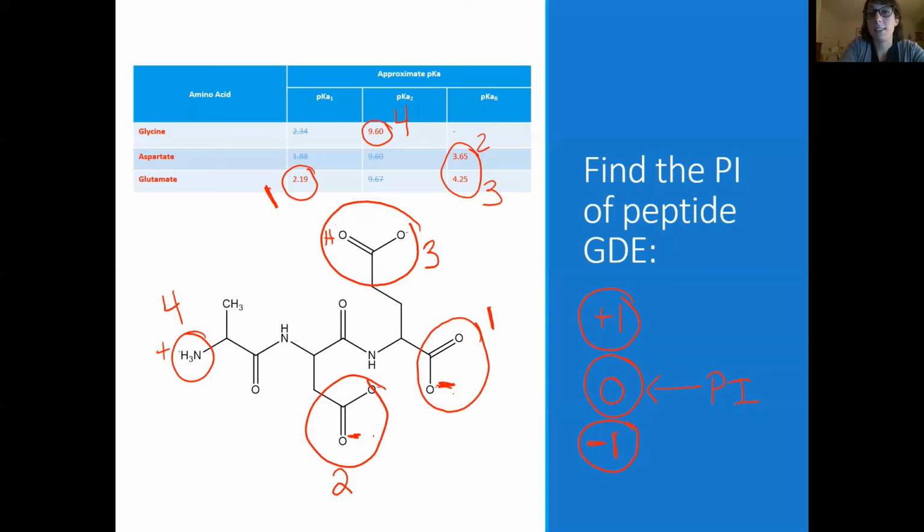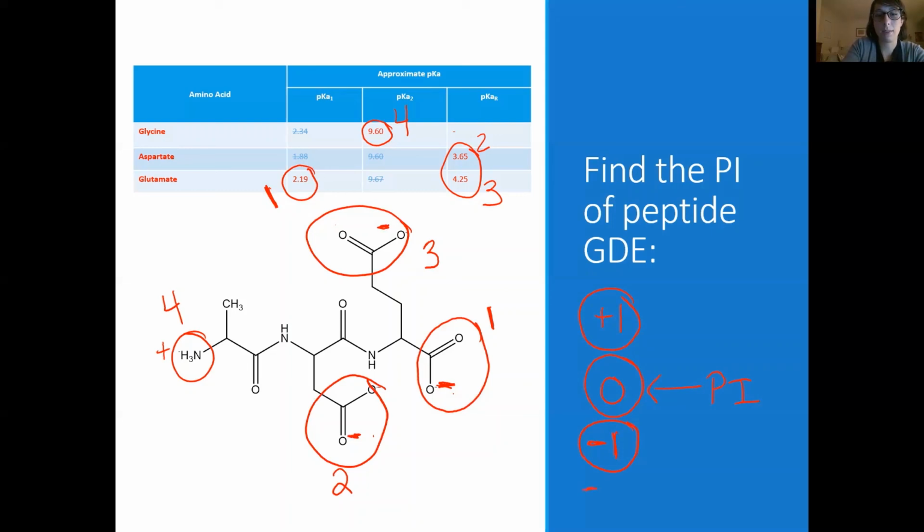Okay, so if we were to continue just to see what would happen on this molecule, and we went past our next pKa, past our pKa of 4.25, this would mean that we would remove this proton here on group number 3, the R group of our glutamate, again leaving us with a negative charge.